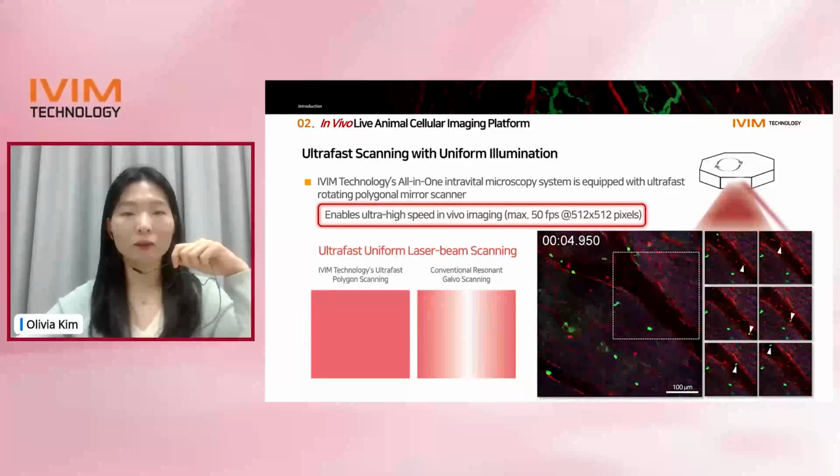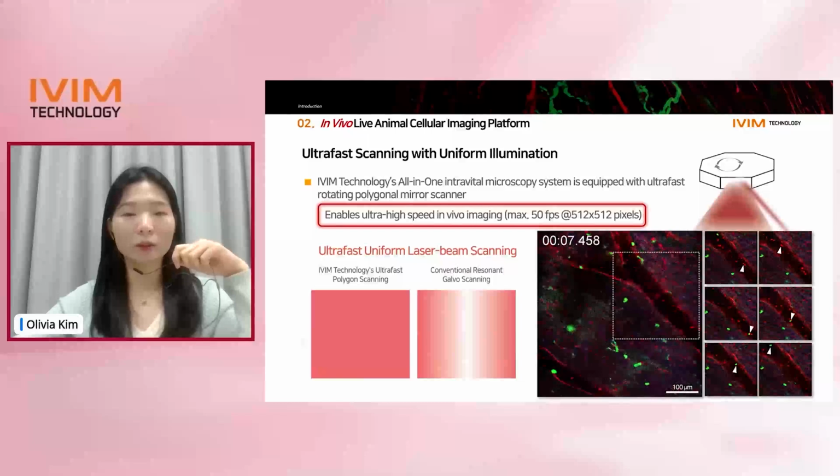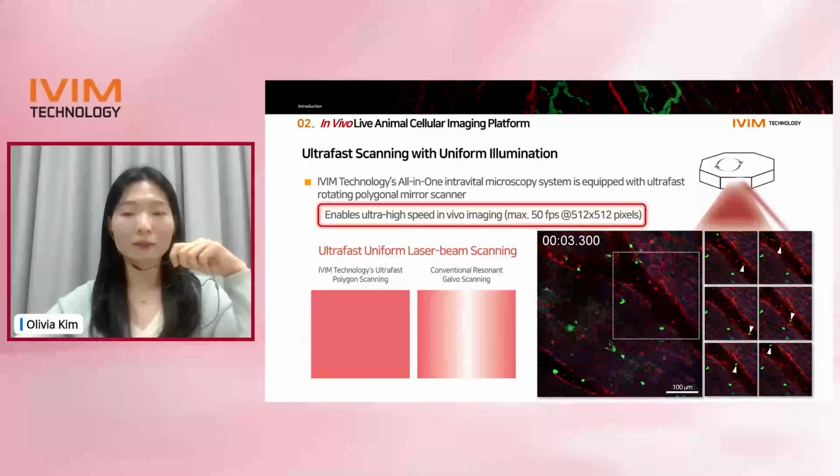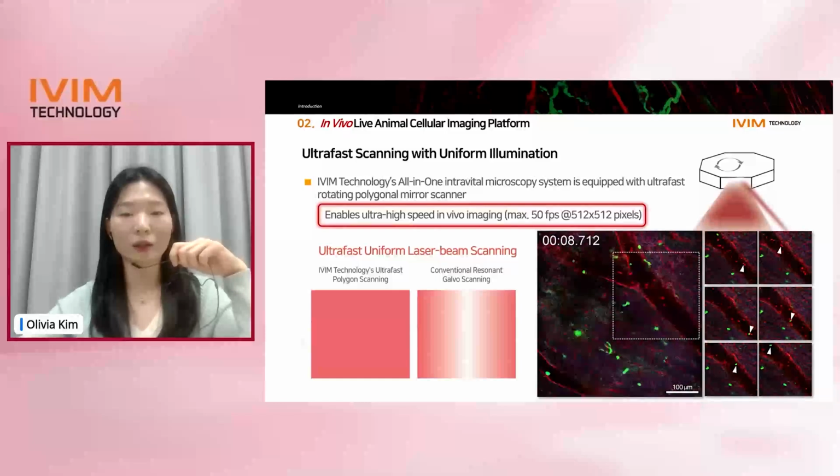Real-time observation of cellular dynamics is essential for understanding biological processes in vivo. In the living body, red blood cells and immune cells move extremely rapidly, making it difficult for conventional microscopes to capture these fast cellular events as they occur.